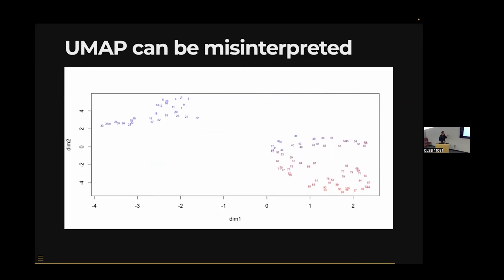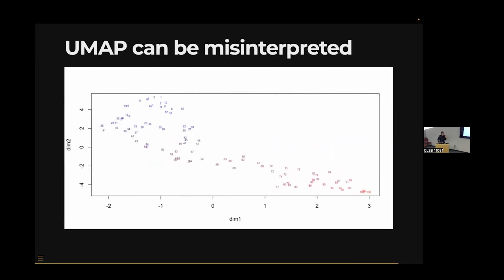UMAP tells me there are 2 clusters, if I interpret it incorrectly as it's being done right now. This is the simplest example of something that's obviously not clustered. But there you go. Now, if I do it again, now it's not clustered. So there's also this random component that isn't really explored. I generated the data again, ran it again, and now I get this.